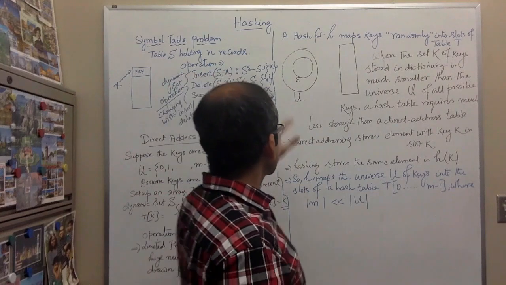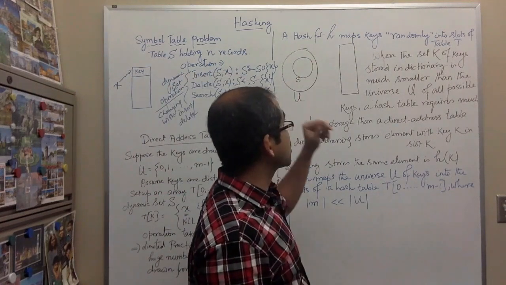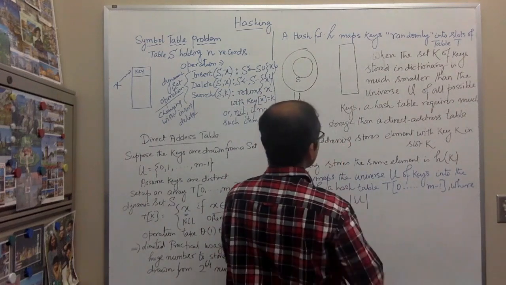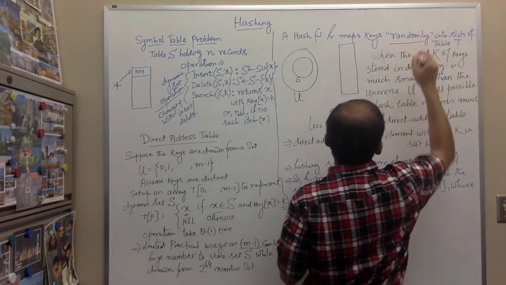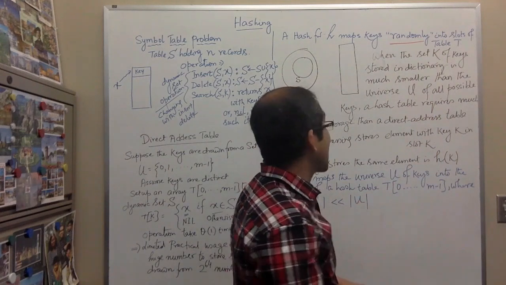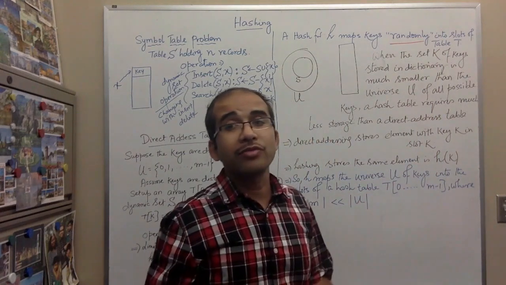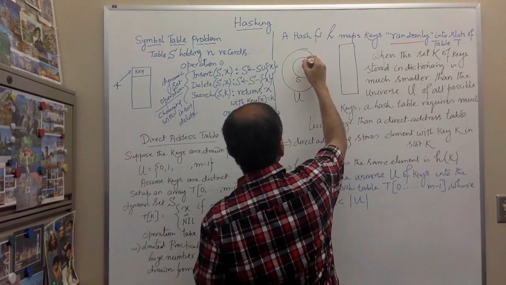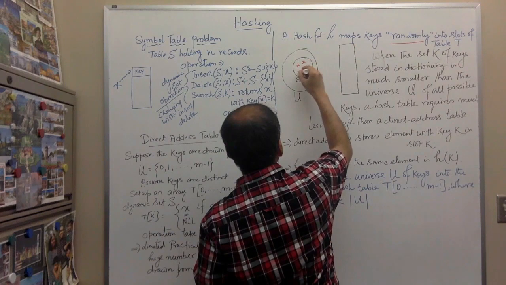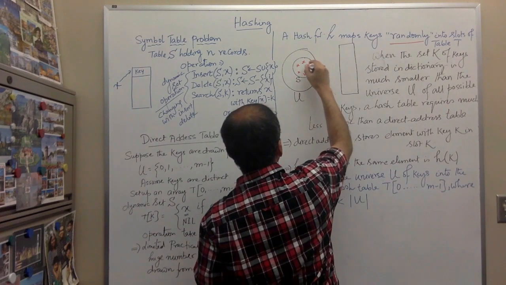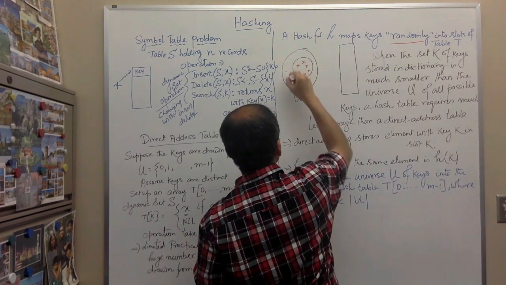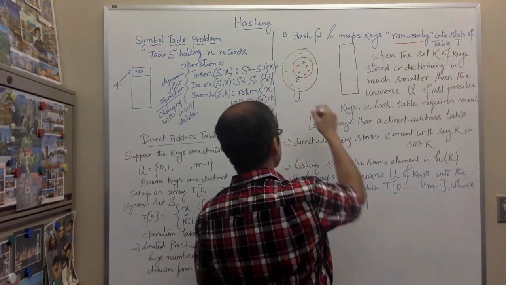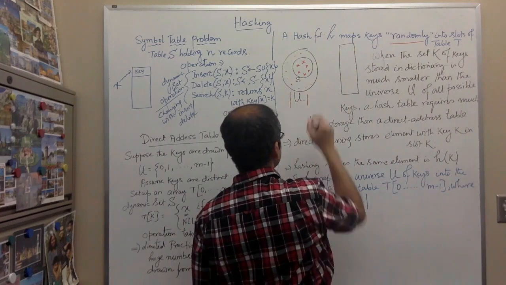What does it do? There is a hash function h which maps keys randomly into slots of table T. You can see the word randomly here is within quotes, because this is not really random. It's more like pseudo random, the feeling of random generation. The entire key space is U, and the size of the key space is |U|.